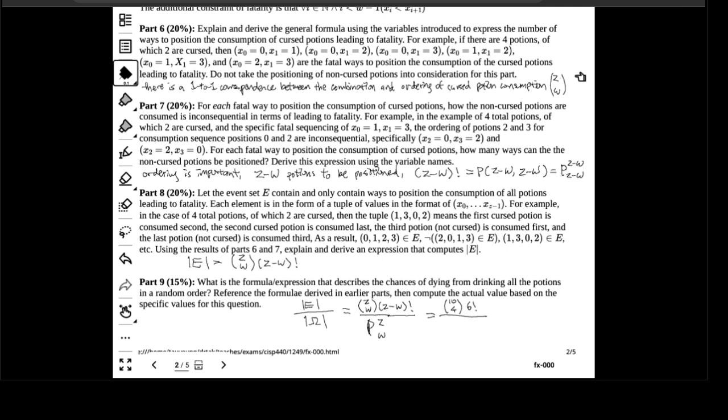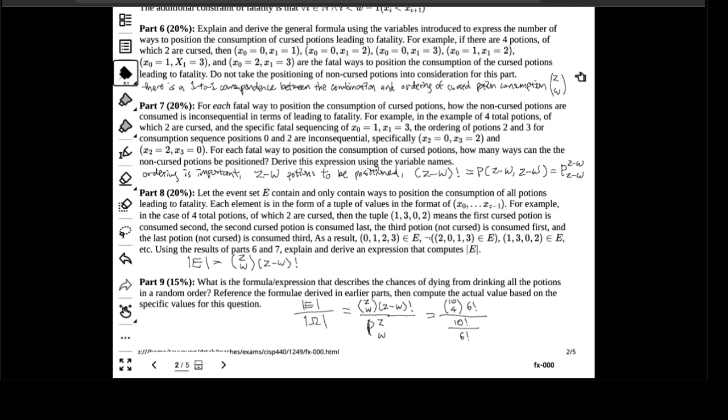Let's see, this is 10 factorial divided by 6 factorial. Yeah, it is 6 factorial here.